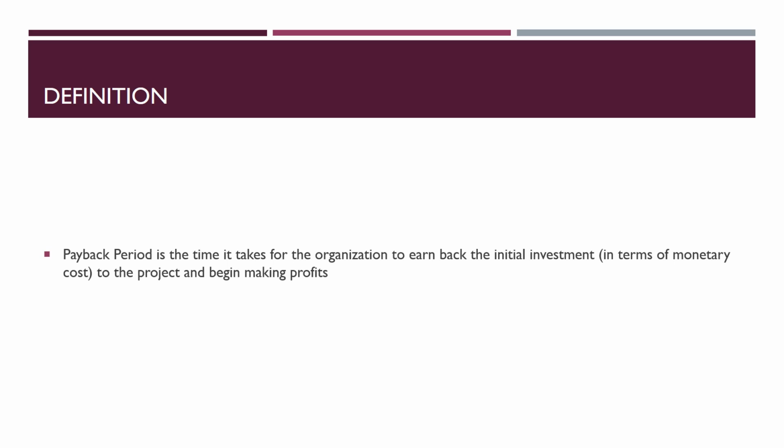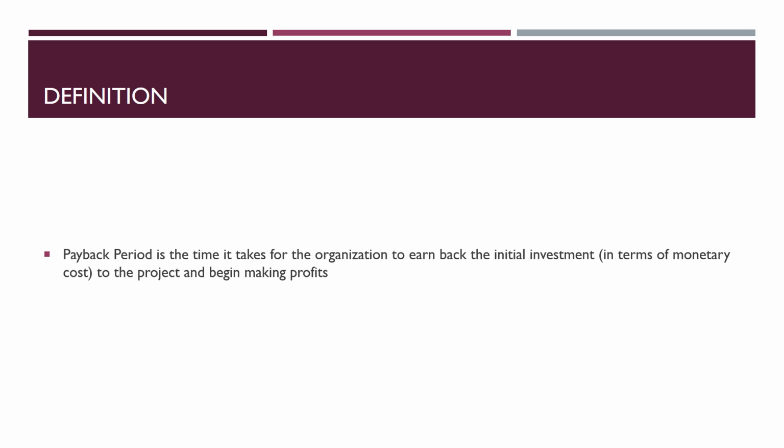Starting off with the definition, payback period is the time it takes for the organization to earn back the initial investment to the project and begin making profits. So when we are talking about investment, we are talking about money, dollars, the monetary cost.